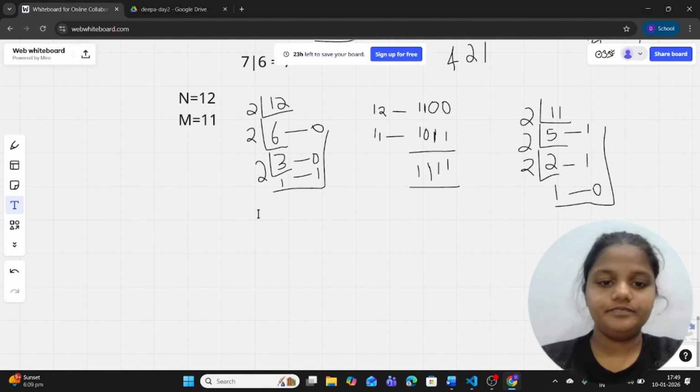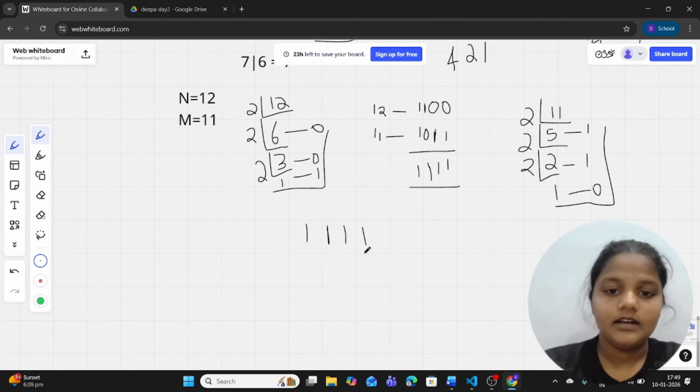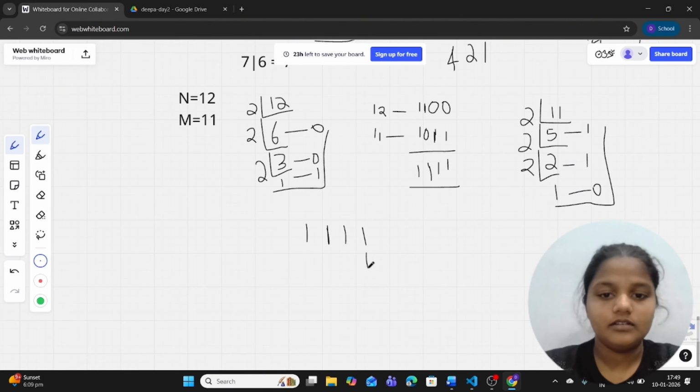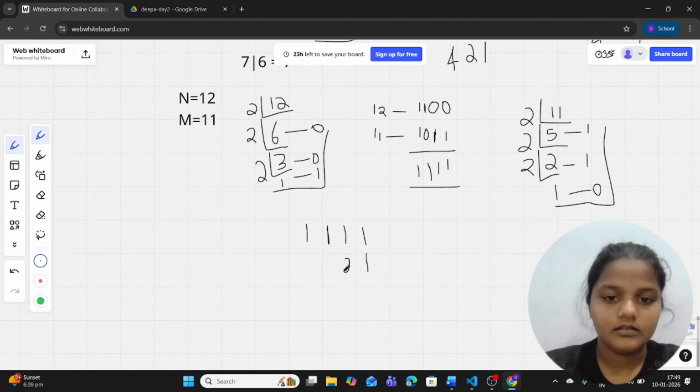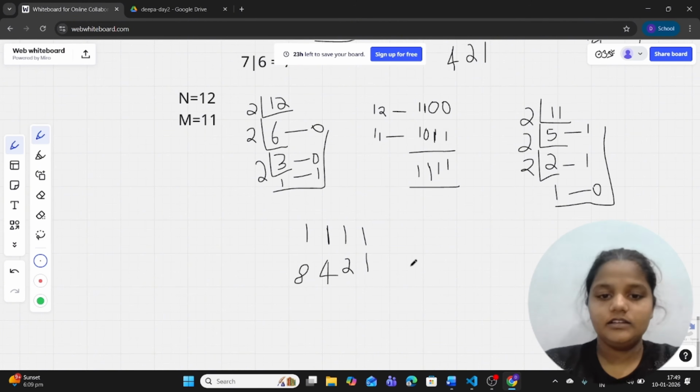Now we want to convert it into a decimal number. So 1111. Our corresponding bit values are 1, 2, 4, then 8. Now calculate.